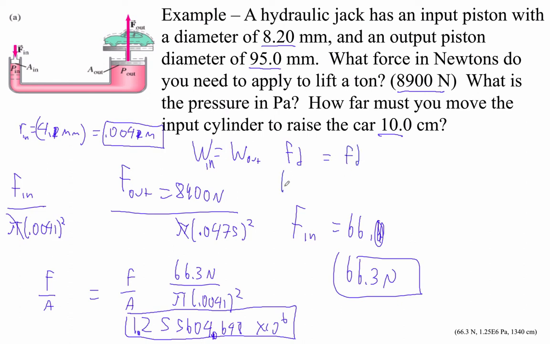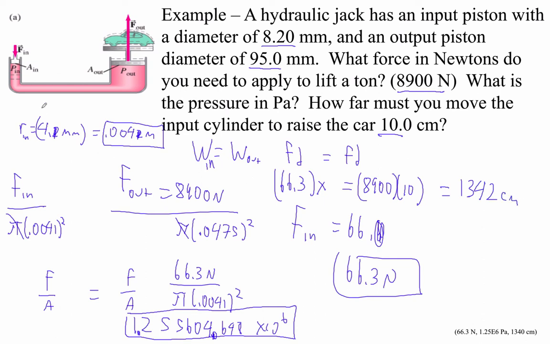So 66.3 times x, or d, how far we have to move it, is going to equal 8,900. There's another way to do this, but this is the best way, times 10 centimeters. Okay, so 8,900 times 10 divided by that 66.3 number is 1342 centimeters.